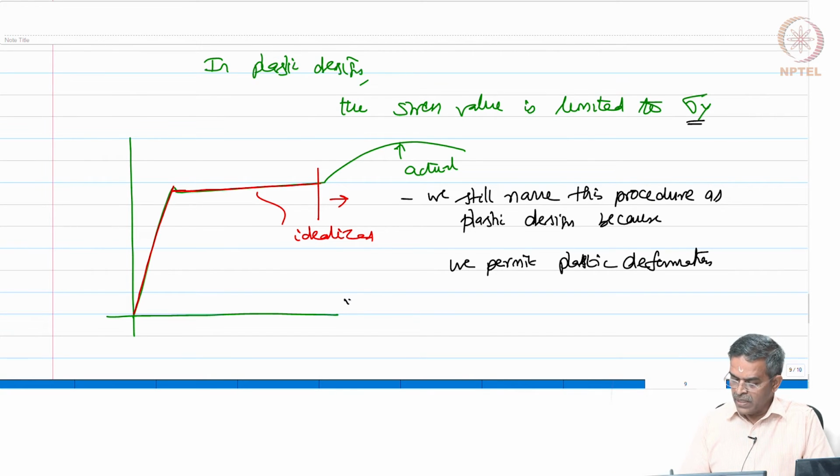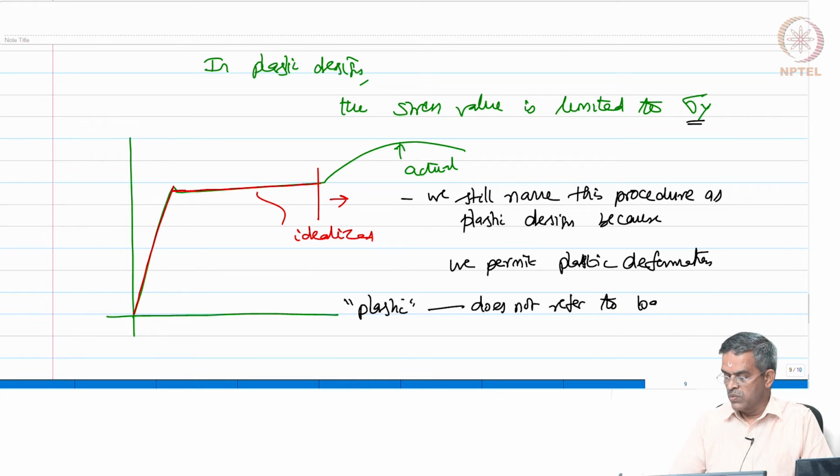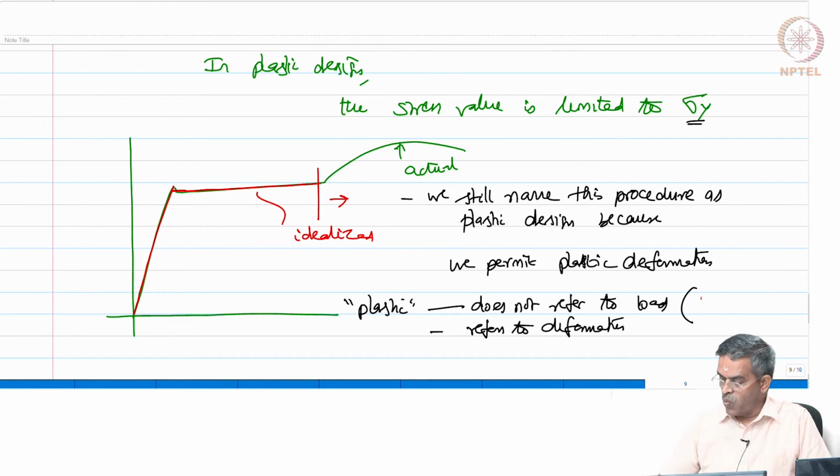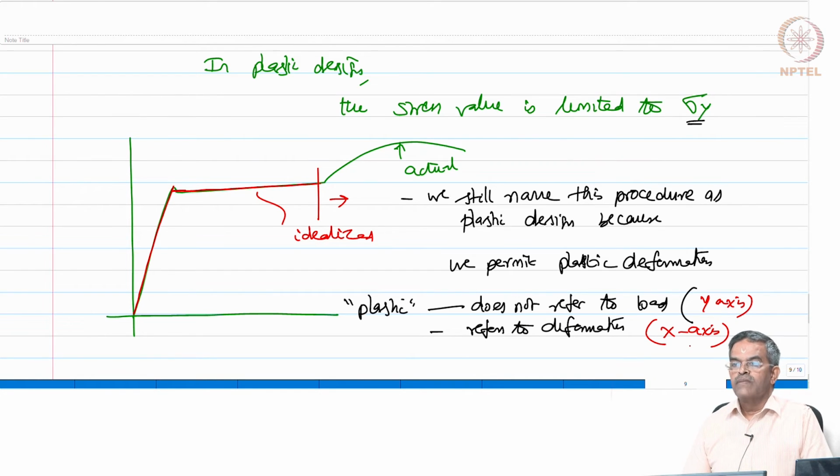So, the term plastic does not refer to load, it refers to deformation. To be very specific, it does not refer to the y axis, it refers to the x axis. So, in plastic design, the yield of the cross section is assumed to be idealistic, as we are going to see now. Okay.